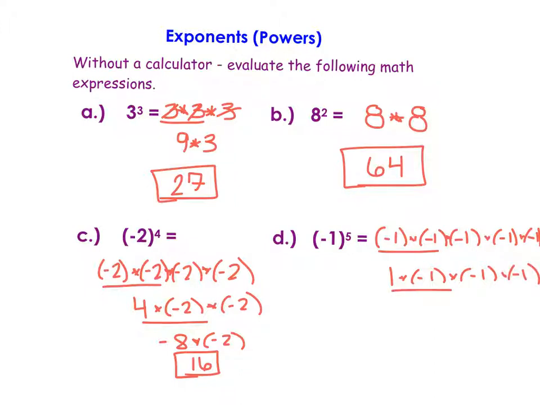So 1 times negative 1 is negative 1. Negative 1 times negative 1 is back to a positive 1. And then that final multiplication of 1 times negative 1 is negative 1. So you can see just writing it out and going from left to right can really help and prevent you from making any sort of error.